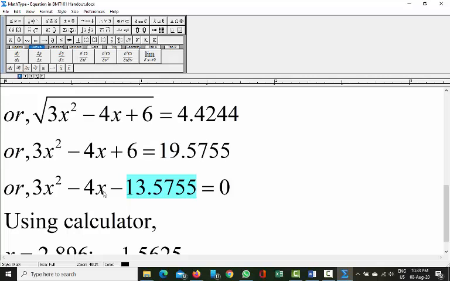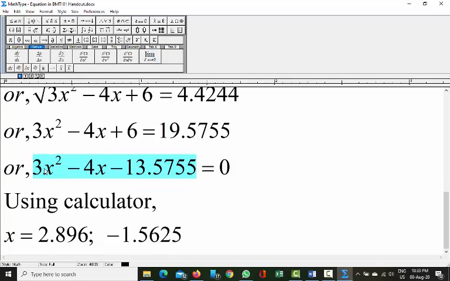Here we got another second degree equation, where the value of a is 3, the value of b is minus 4, and the value of c is minus 13.5755. If you solve it using a calculator, you will get two values of x.